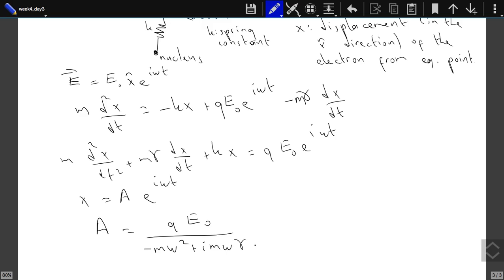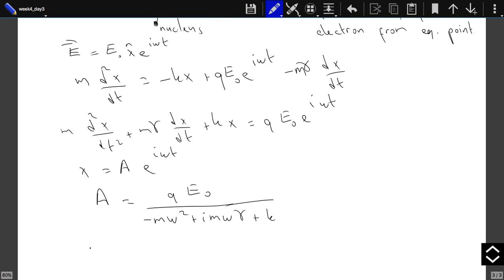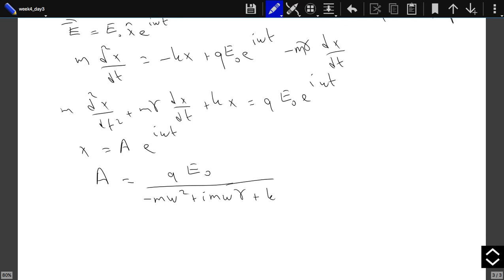That's our driving force. And this coefficient A just turns out to be q E0 divided by minus m omega squared plus i m omega gamma plus k. This is our A, the amplitude.